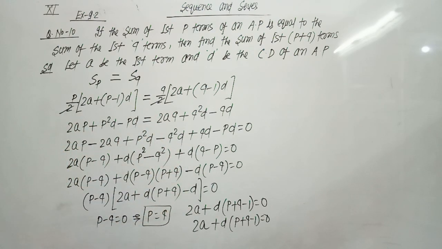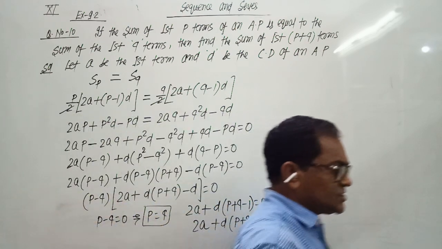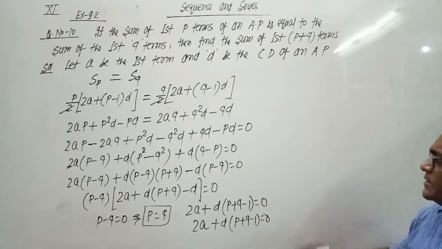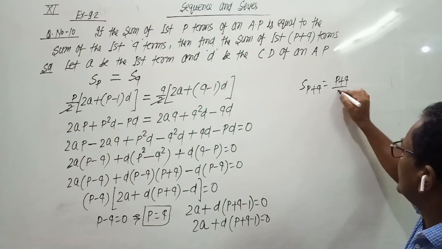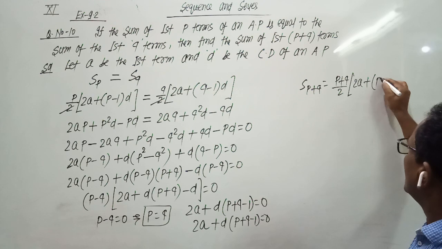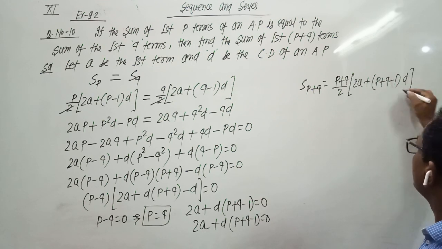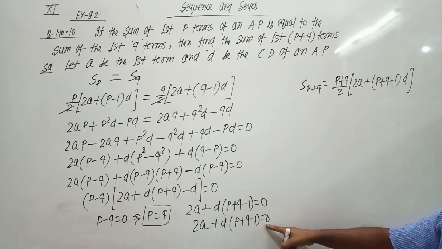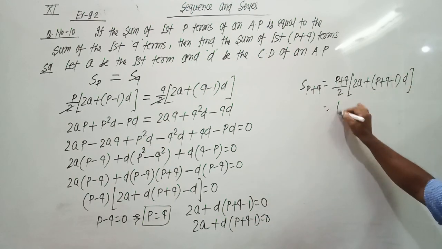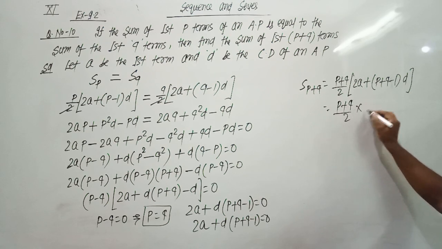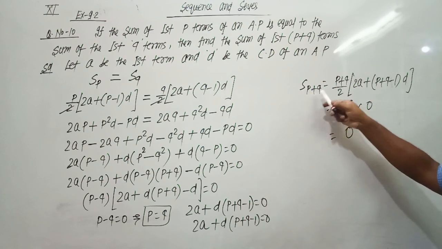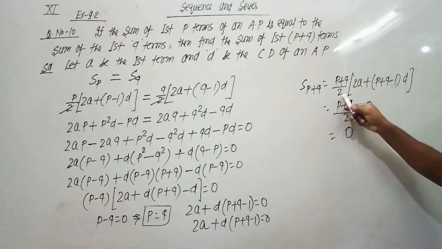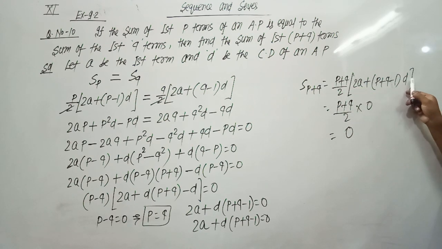Now we have to find the sum of first p + q terms, that is S_(p+q). So it is (p + q)/2 [2a + (p + q − 1)d].